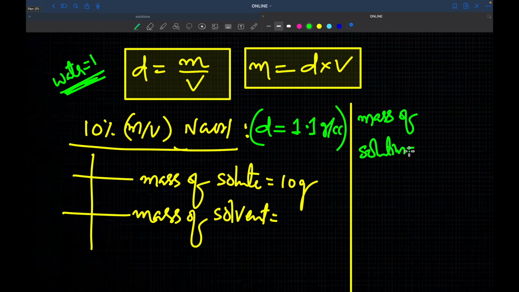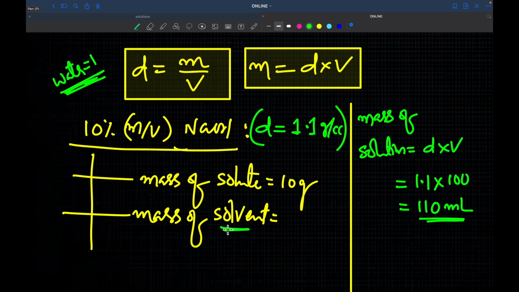So mass of solution equals density into volume. Density is how much? 1.1. What is the volume of the solution? The 10% means 100 ml, right? So 110 is the mass of the solution.